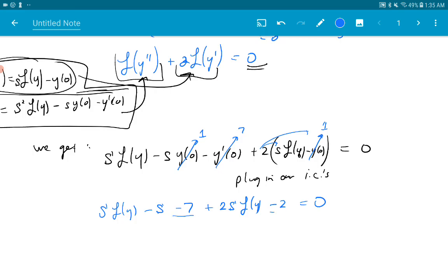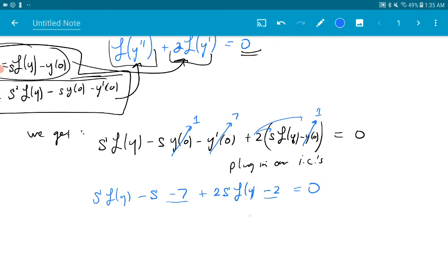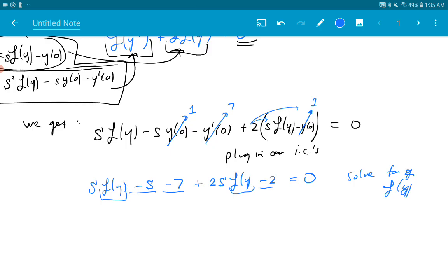You see the minus 7 and the minus 2 will add up to negative 9. Remember the trick. We're trying to solve for L of y. We need to get L of y by itself so we can do step 3, which is to do the reverse. So I'm going to want to bring this term and this term and this term all to the right.